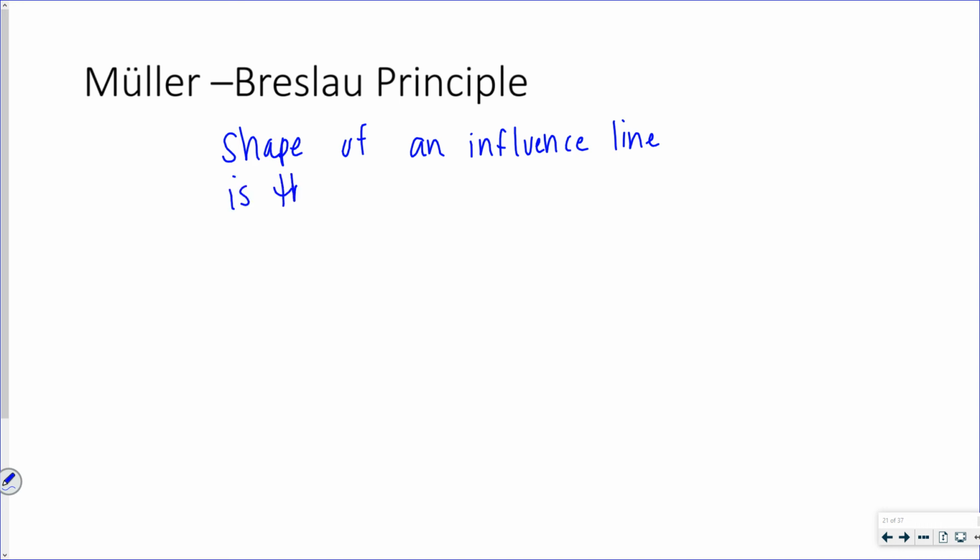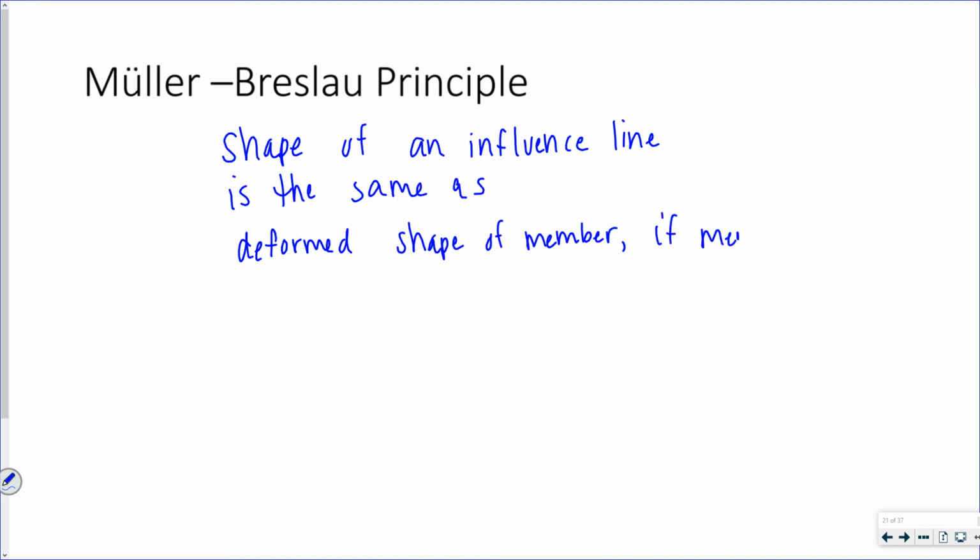is the same as the deformed shape of the member if the member is acted on by the loading of interest.